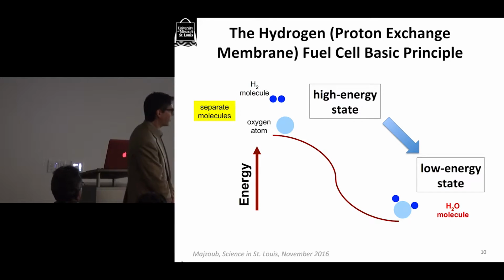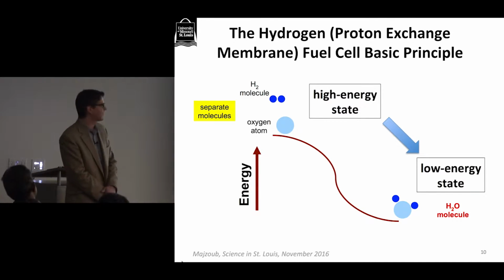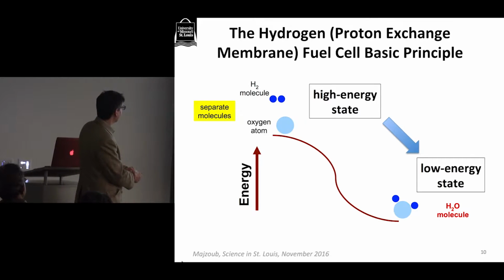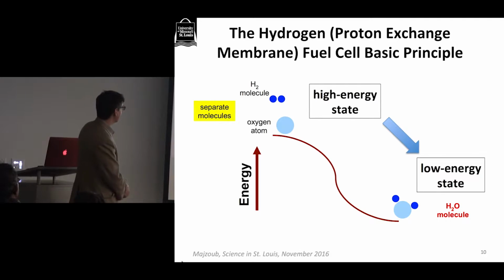Okay, so the principle behind the hydrogen fuel cell is really very simple. On the left-hand side here, I'm showing separated hydrogen gas and separated oxygen. And I've got a vertical scale here on the left, so that the energy is higher as we go up on the scale. When hydrogen and oxygen are separated, they're in sort of a high energy state.